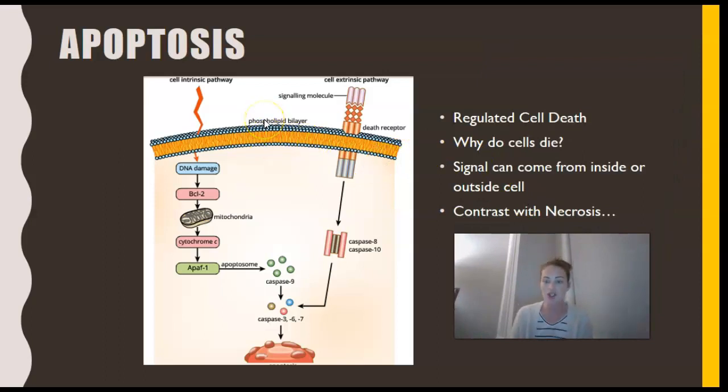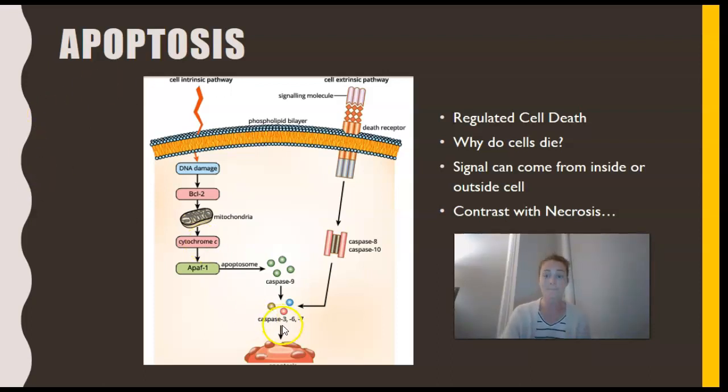So 2 different ways that apoptosis can be triggered. 1, cell intrinsic pathway. The intrinsic pathway is where the cell has either been pre-programmed itself, it's written into the genetics of the cell, or the cell has suffered DNA damage.